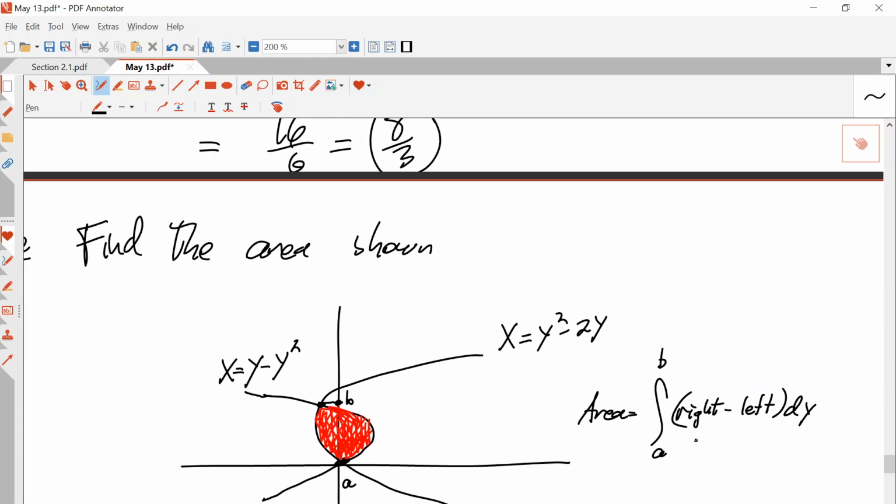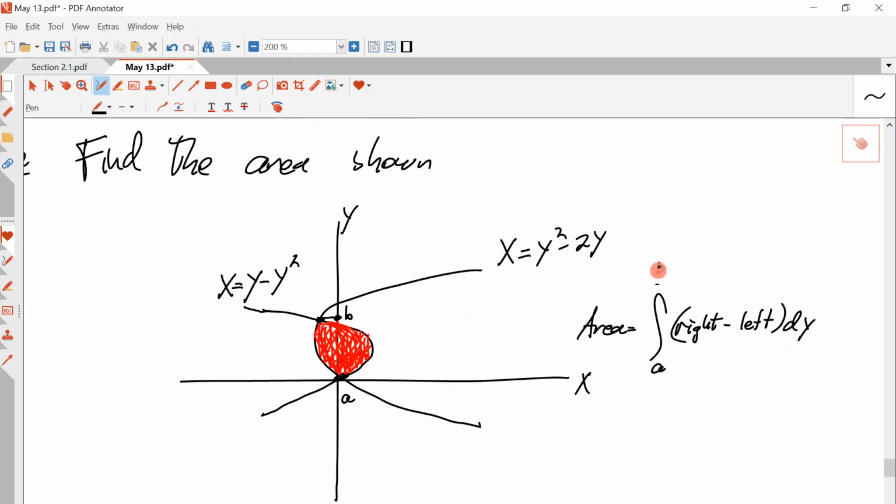Right minus left, so greater minus smaller, to make it positive, right? Greater minus smaller makes this a positive quantity. So in the case of measuring functions of x in terms of y, it's right minus left. For functions of y in terms of x, it's top minus bottom.